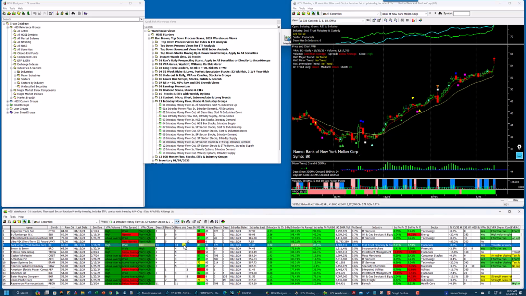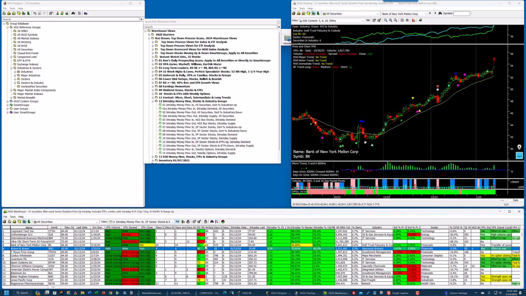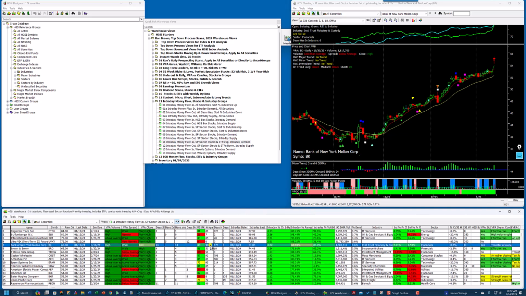If I look over here, I can see that the RS is 83 with a Kirkpatrick RS of 94. That's based upon 26 weekly closes. So strong stock, and just a good way to see where the action is in the active stocks based upon institutional sponsorship.